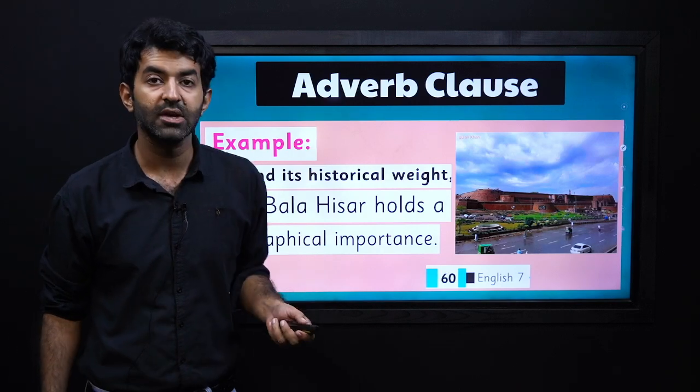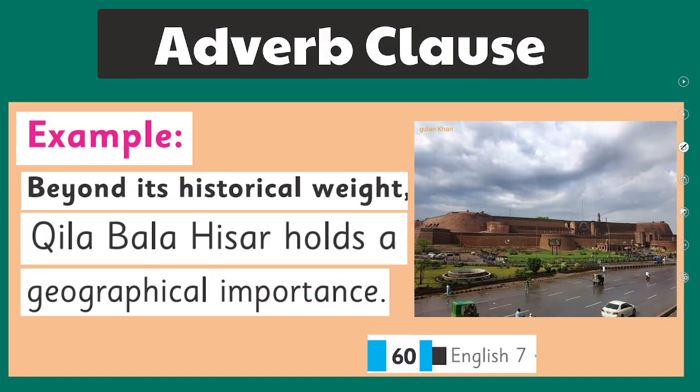Now, let's look at some examples over here. Beyond its historical weight, Qila Bala Hisar holds a geographical importance. Now, first thing we are looking for is a conjunction. Can you find any conjunction? Yes, beyond.